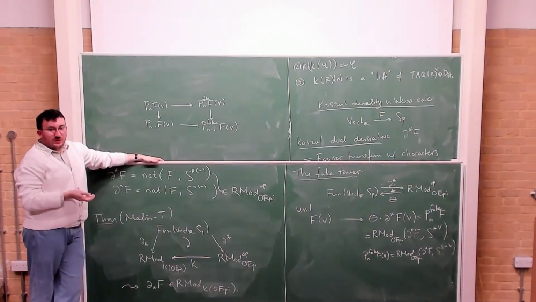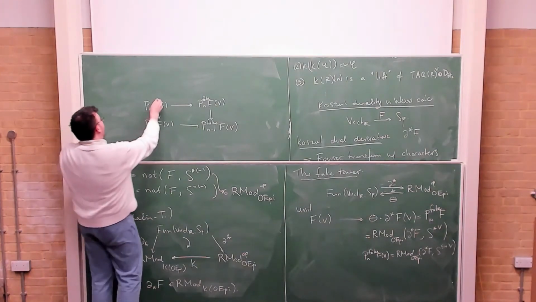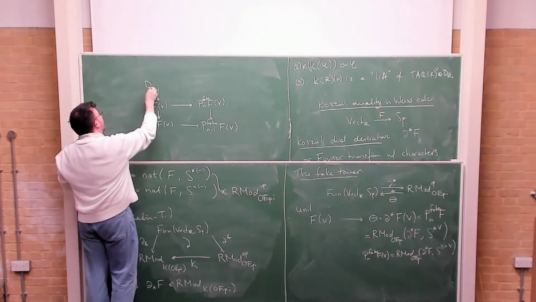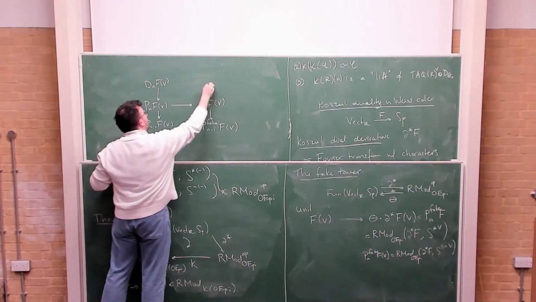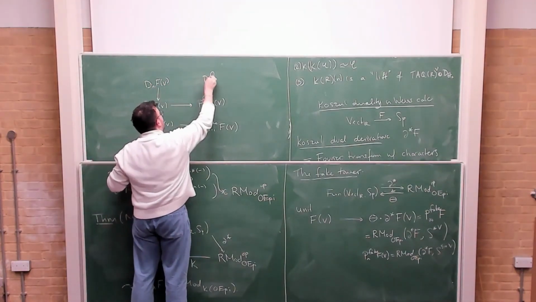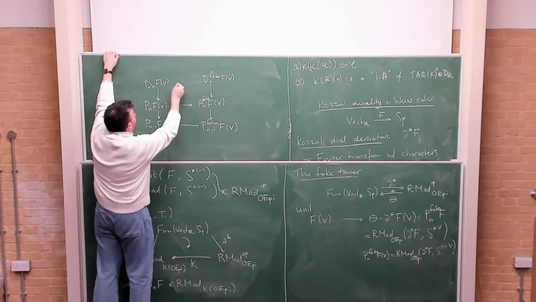Okay, I have a square. What am I going to do? I'm going to take either vertical or horizontal fibers. Here I want to take vertical, because that's the story I'm trying to tell. So I'm going to take the vertical fiber in both places, and I get an induced map.